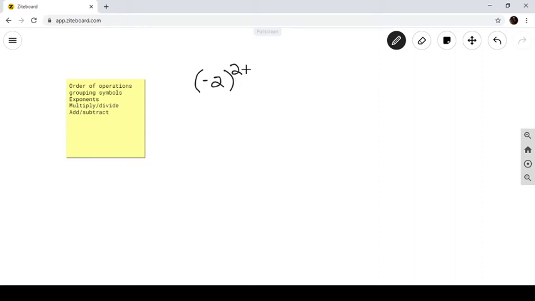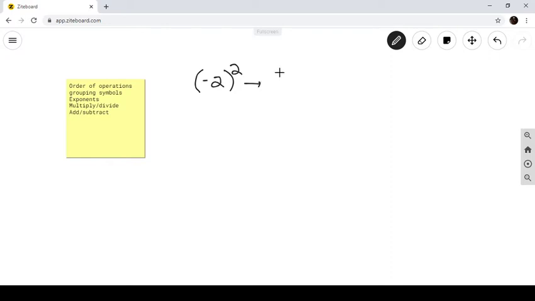And that square is sitting on the outside of these parentheses. What I said was a square or exponent or whatever you have for your power will act on the thing directly next to it. So in this case, the thing directly next to it is a set of parentheses, and it will take this set of parentheses and multiply it by itself. Whatever's right next to that exponent is what gets multiplied by itself.